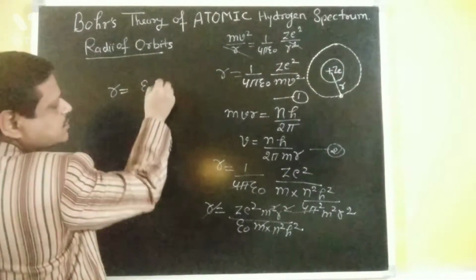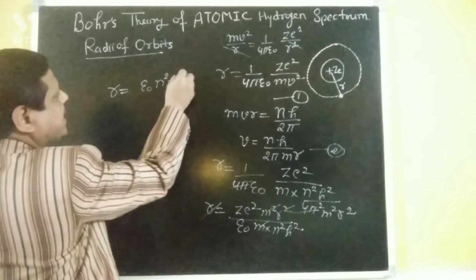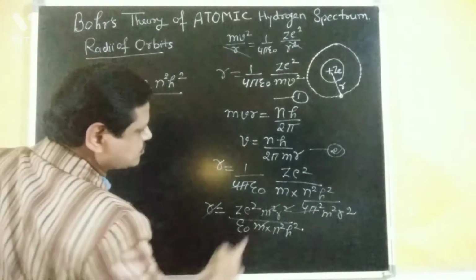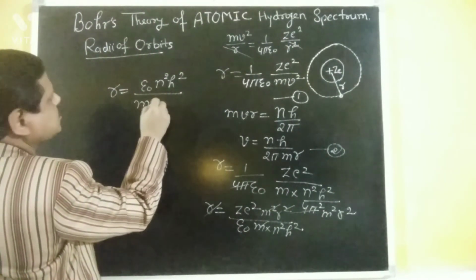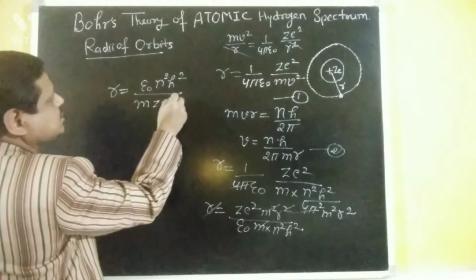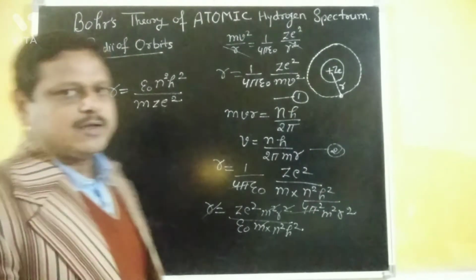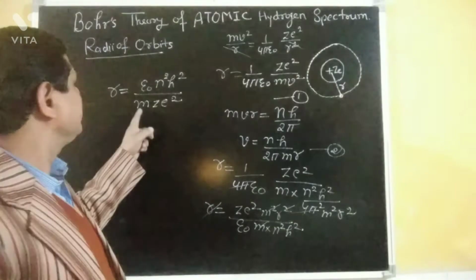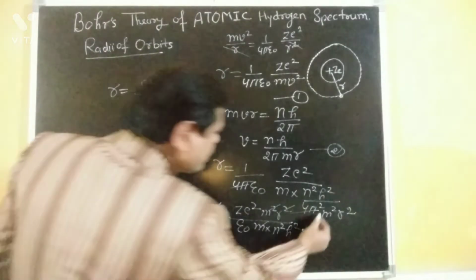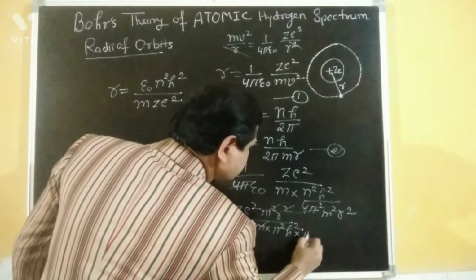epsilon naught n square h square upon m z e square, that is epsilon naught h square upon m, and one pi is also here.